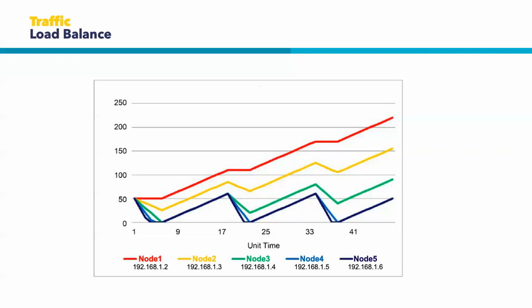If node number 1 has 1 million requests per second and node number 2 has only 5 requests, then based on the traffic volume I will be redirected automatically to node number 2, the less busy server or node.